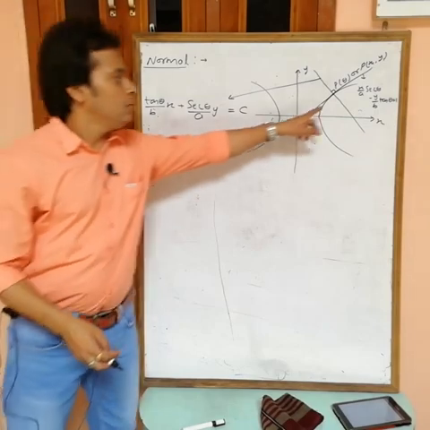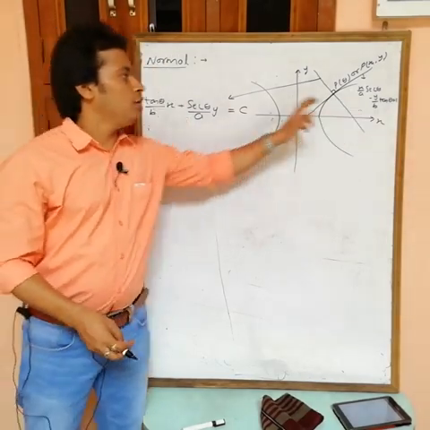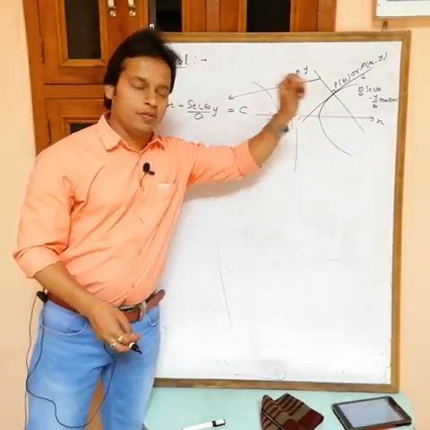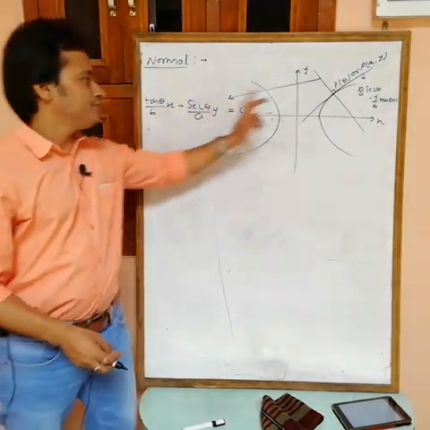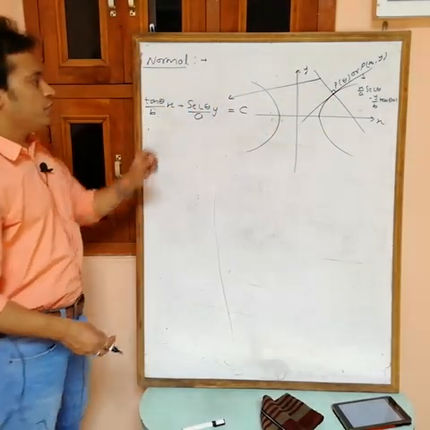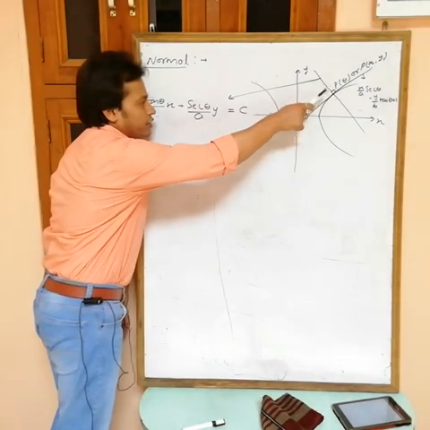Easily you can check for these two lines, if you check m1 into m2, you will get minus 1. So this one is perpendicular to the equation of tangent.